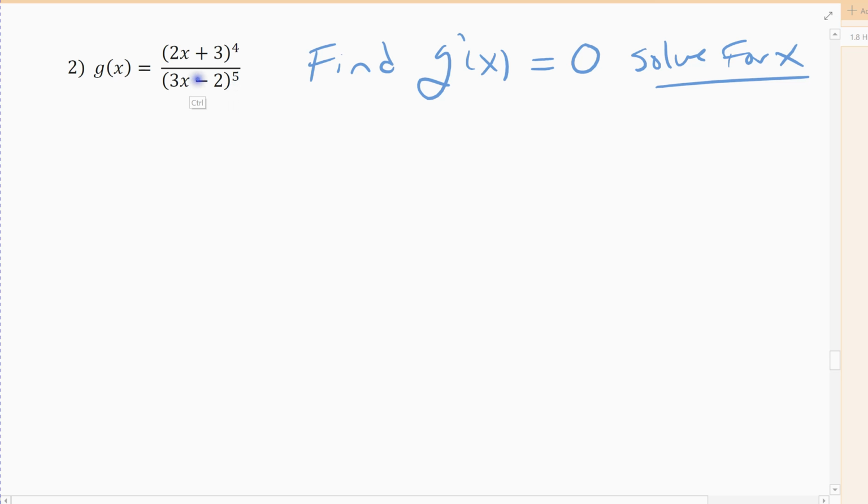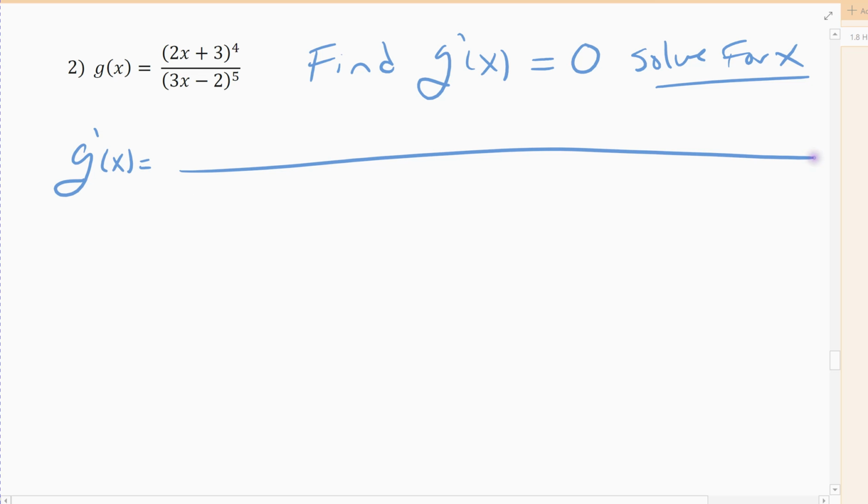All right, my low function is my 5th degree function, my high function. And I've got to be careful here because I'll throw myself off, because it's 2x plus 3 and 3x minus 2. I'm going to make sure I'm very careful when I write this one out because I could really easily flip that. Alright, so my low function first: 3x minus 2 to the 5th, times the derivative of the high, which requires my chain rule.